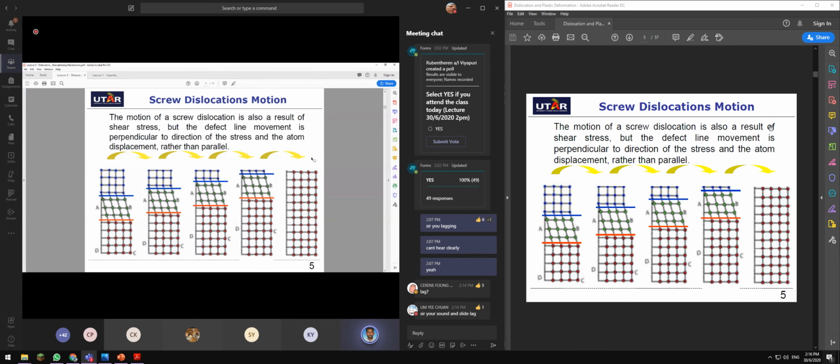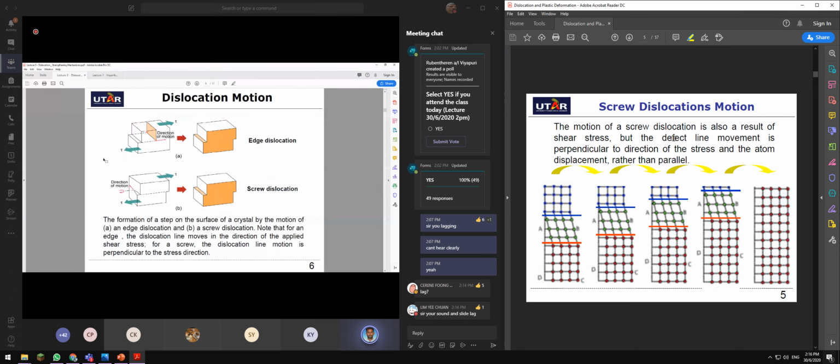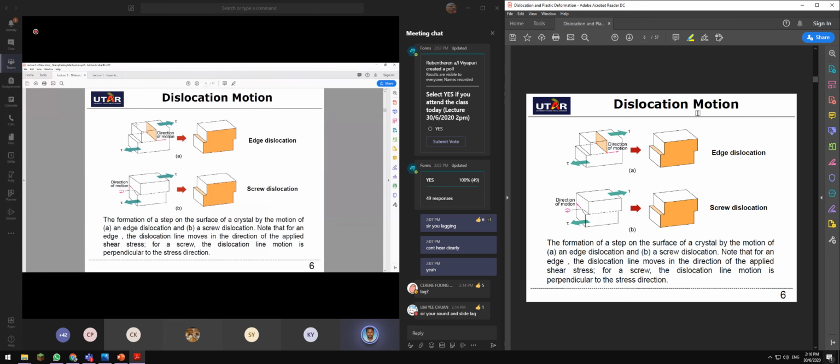You can imagine screw dislocations and edge dislocations in the next slide, which is this. Look at figure B. When I apply a shear force in this direction, there will automatically be a resulting shear force underneath it. The direction of your extra plane is parallel to the shear force.